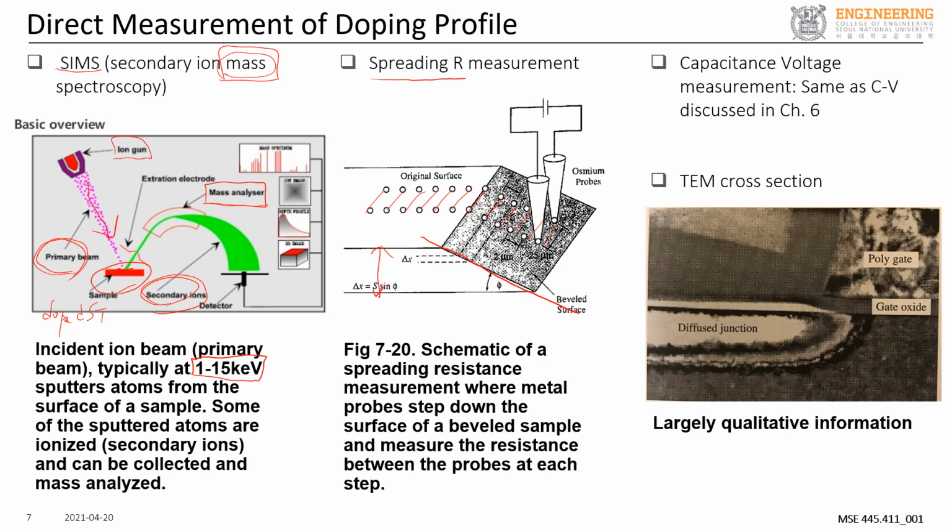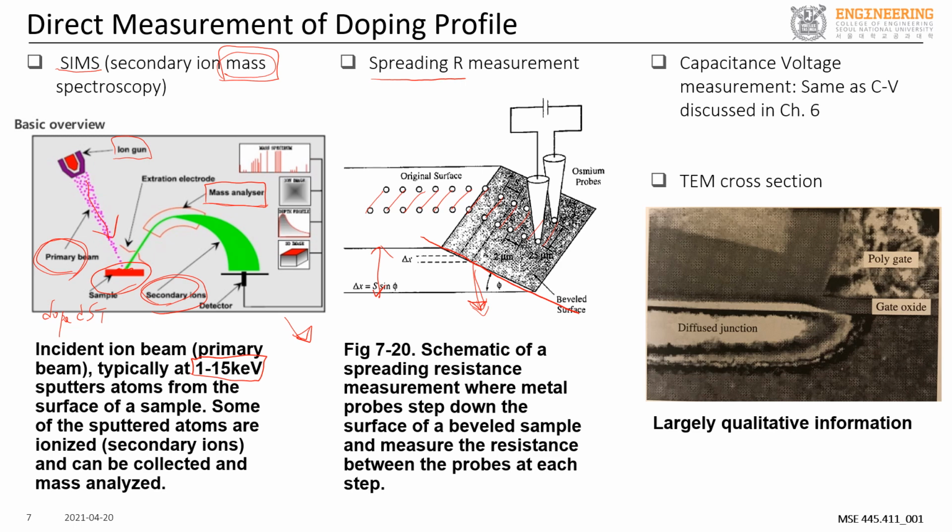So you need to reanalyze the data after the measurements, but this is one way to measure the doping profile. But this is destructive, so you cannot use this for all the samples you have. From time to time, you could do something like this to figure out the doping profile.